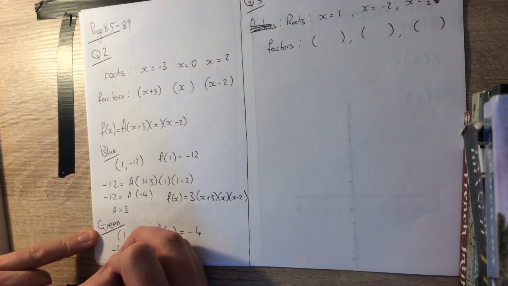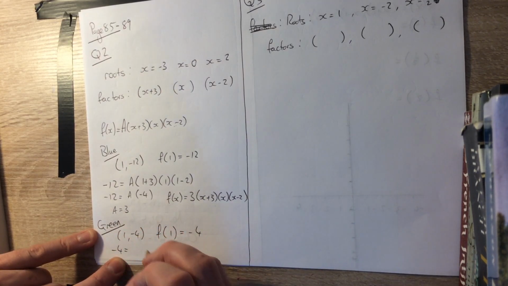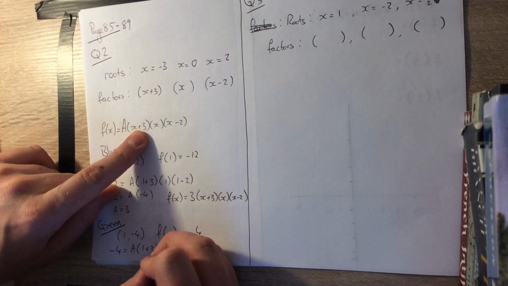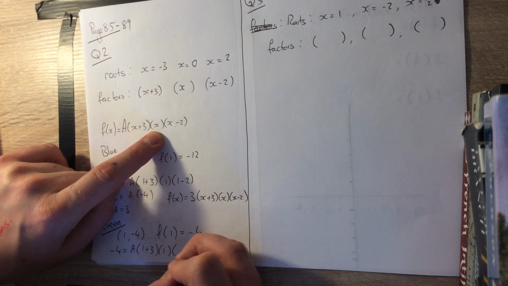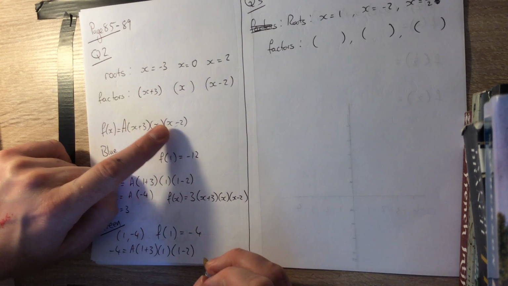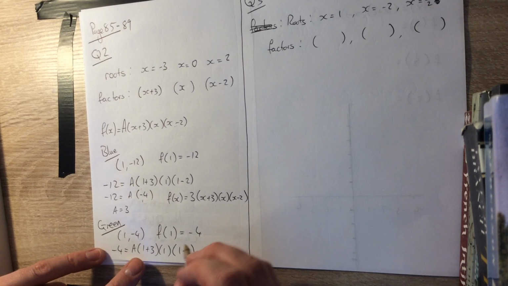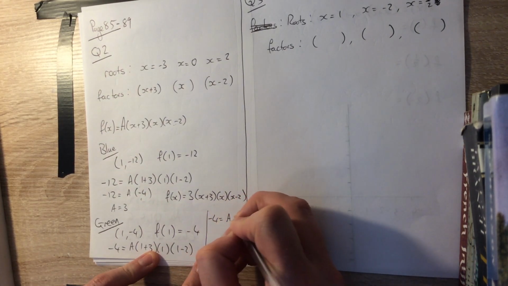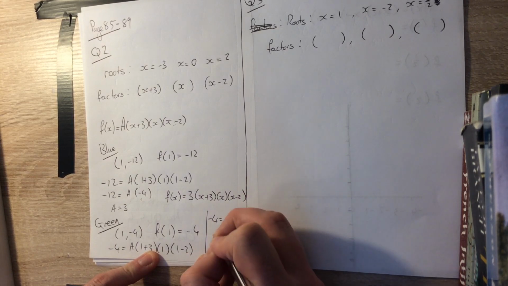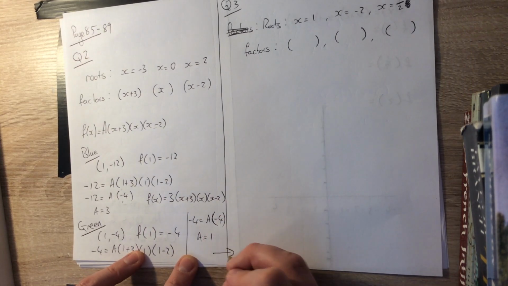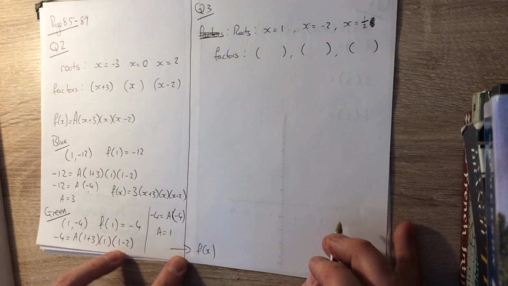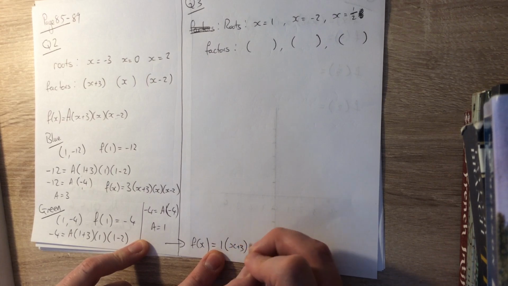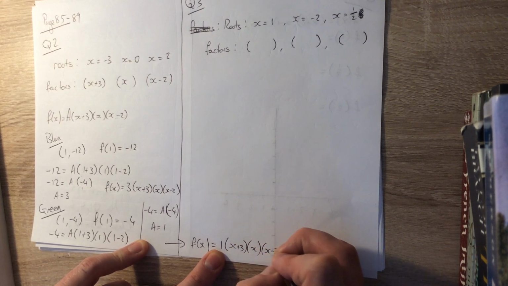So we say -4 is a times 1 plus 3 multiplied by 1 multiplied by 1 minus 2, which we've just worked out up here is -4. Sorry, I'm running a little bit low on space. -4 equals a times -4. So a has to be 1 there. So the green curve is given by 1 times x times x plus 3 times x minus 2.